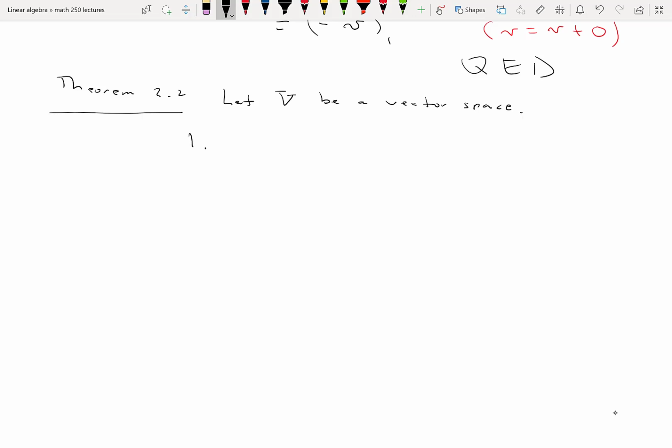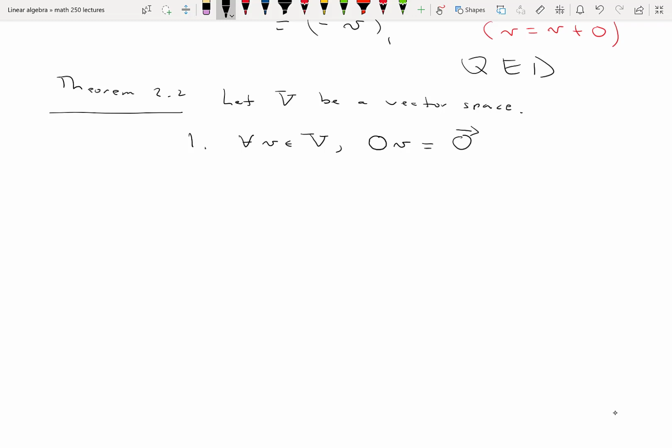Okay, first, for every vector V in the vector space, what do you suppose 0 times V is? It is the 0 vector. This is not a fact. This is a theorem.